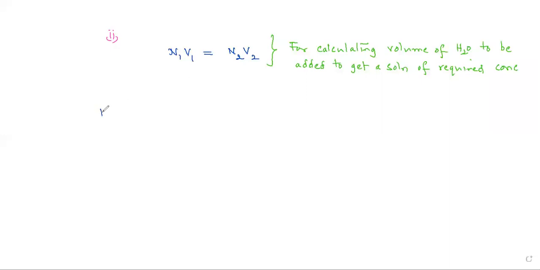Now, let me take an example. Consider the same 100 ml 0.1 normal solution. Now, we would actually like to make it 0.05 normal solution. What is the volume of water to be added?